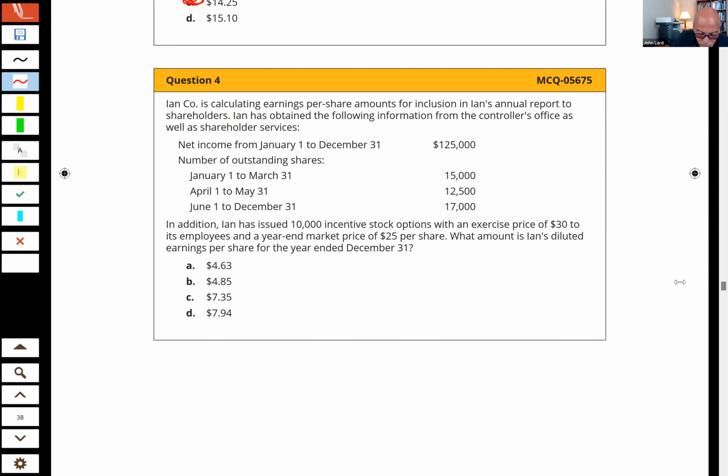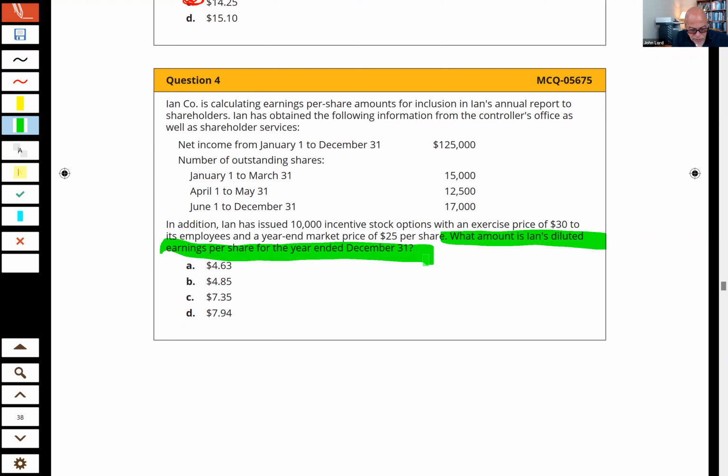When you look, they're asking what we should report as the diluted earnings per share here. What amount is Ian's diluted earnings per share for the year?